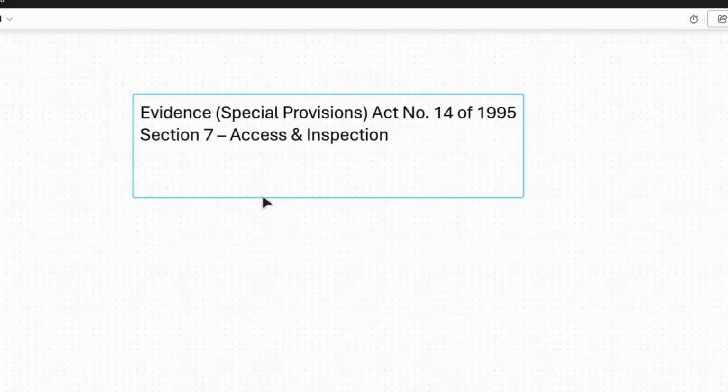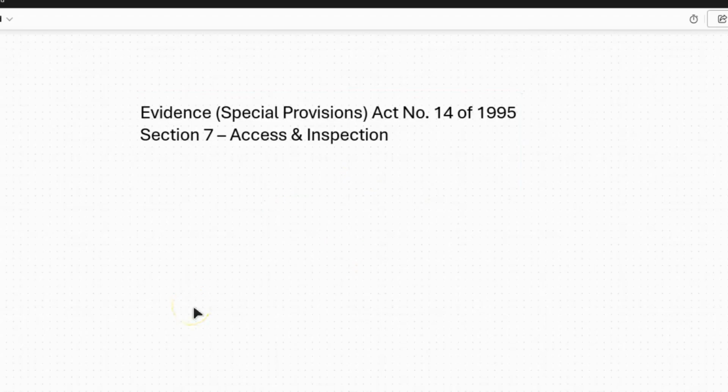The party presenting the computer evidence must allow the other party to inspect the evidence itself: the computer, the machine or device, the records, the computer system.